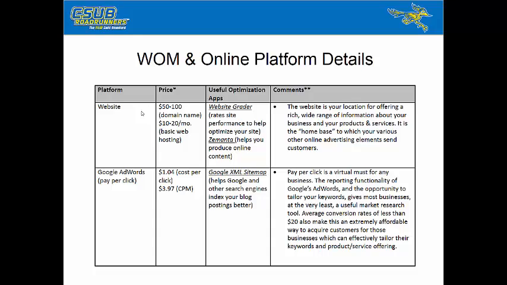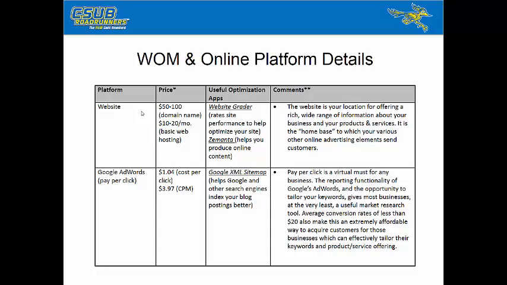Usually, actually, it's even less than $50 to $100 these days. I think I pay $39.99 once a year for renewing my domain names, and about $10 to $20 a month for basic web hosting is all you need to have your website up and running.